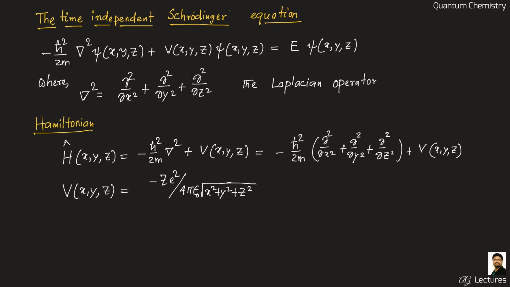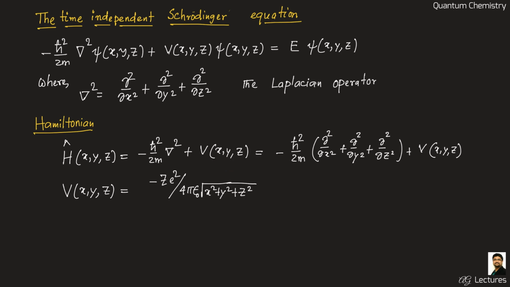So here is the time independent Schrodinger equation. We have used the Laplacian operator, which has this particular form in the Cartesian coordinates. And we can write the Hamiltonian separately, which is obviously on the left-hand side here as well, as an expression like this.